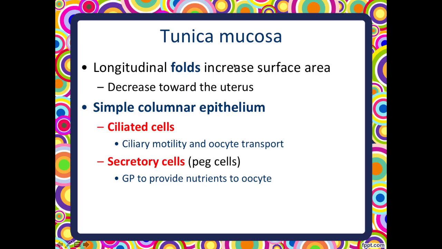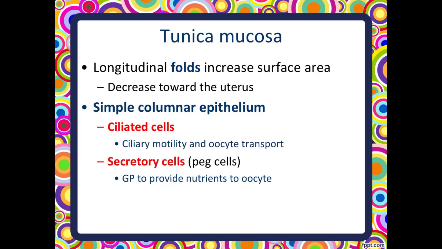The epithelial lining is simple columnar, which is made by two types of cells. First type are the ciliated cells.